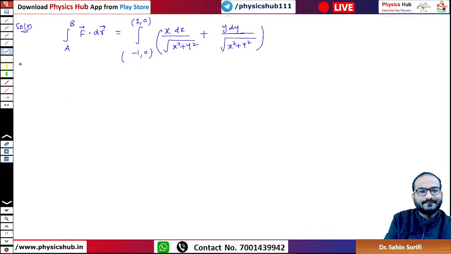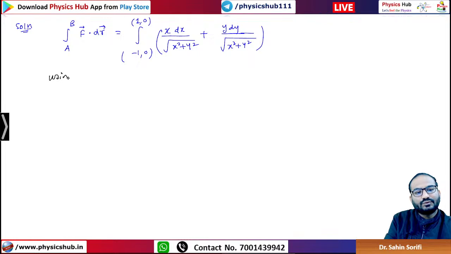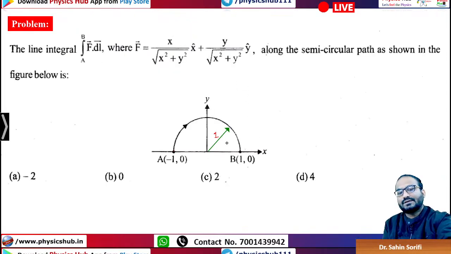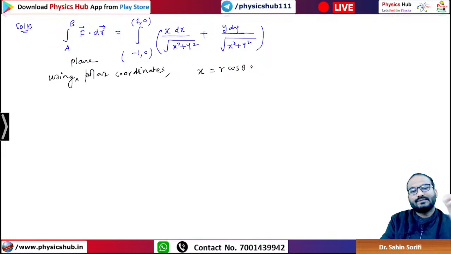Now we are using plane polar coordinates. When you are considering 2 dimensions, it is plane polar; when you are considering 3 dimensions, that is spherical polar. Using plane polar coordinates, we can write x equals r cos theta, but as you can see here r equals 1, so we simply write x equals cos theta.